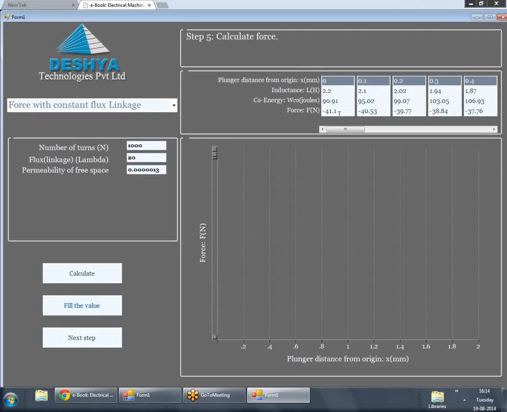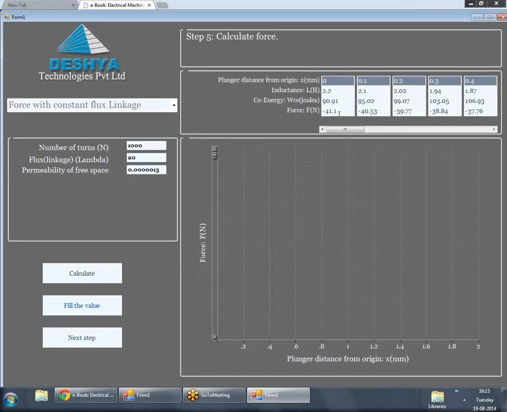If we have a constant current motion, then the plot of the force would be some kind of an exponential function. Whereas if we have a constant flux linkage motion, then the force would exhibit some kind of an S-shaped function.